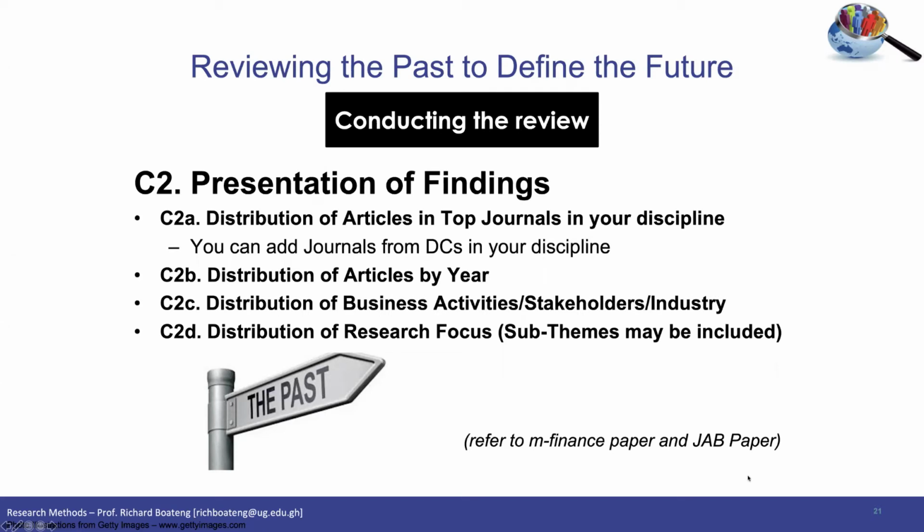I think he has to show us how many papers are coming from the Journal of Financial Crime alone. You can't just say that you pick all the papers from the Journal of Financial Crime. They may not cover everything that you are doing. Show the distribution of articles by year, by journal, by business activities, stakeholders or industry, and then the research focus on your sampling may be included.